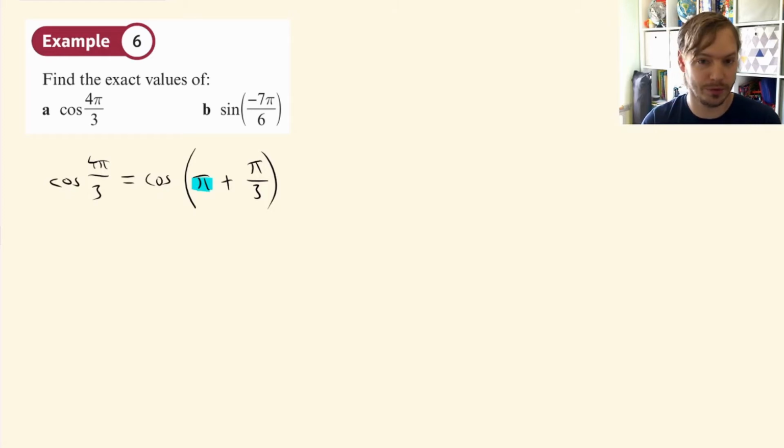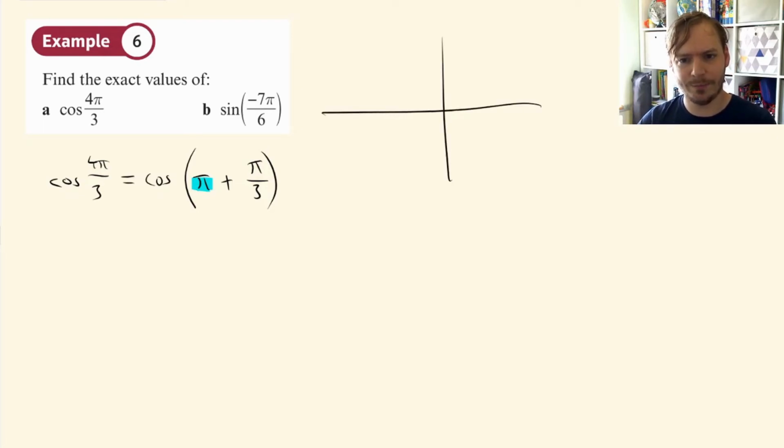We know what cos of pi is, and therefore we know where that lands on the CAST diagram or the trig graph. So actually we just want to work out how far away we are from that nice neat point, and that allows us to find the symmetries. So on the CAST diagram, pi is here, so pi over 3 is adding a little bit, so we're down here.